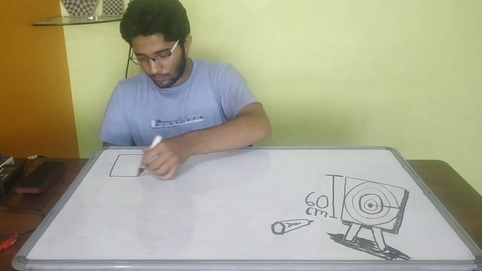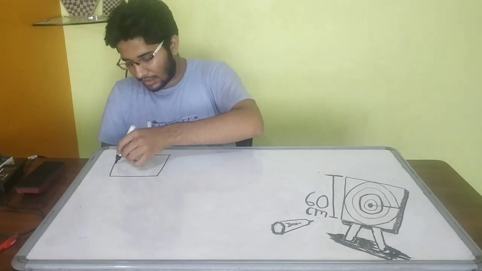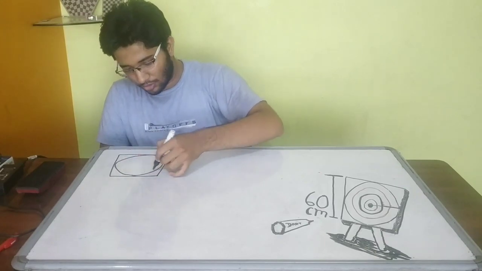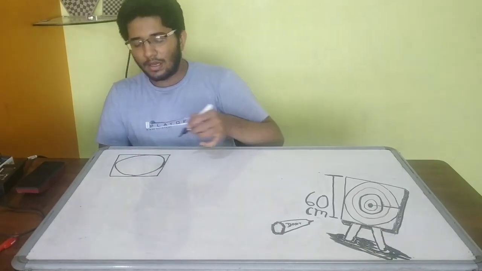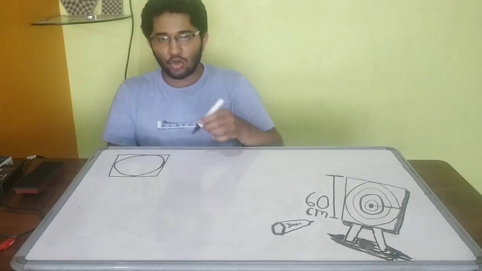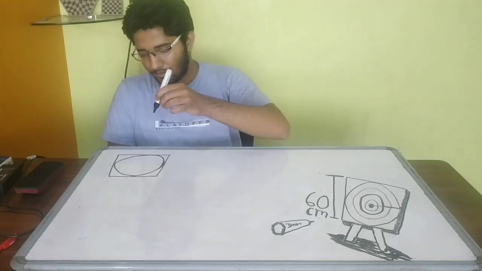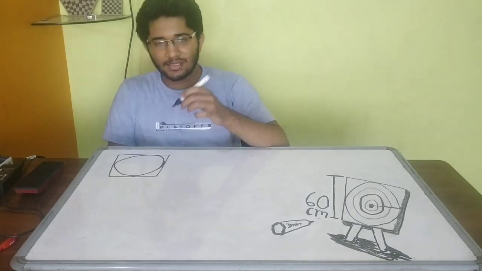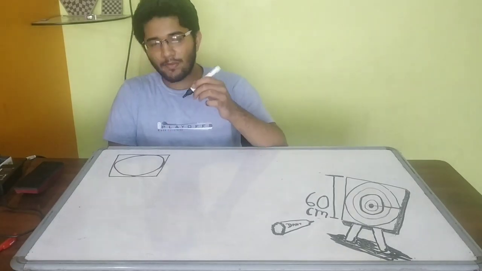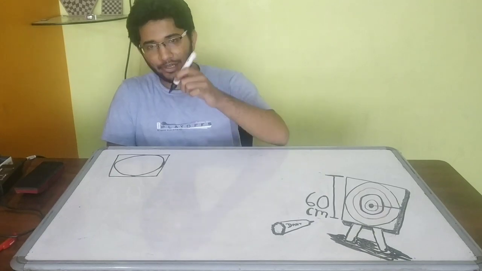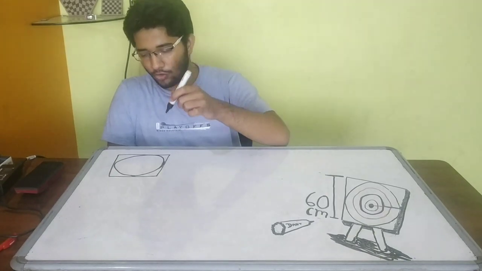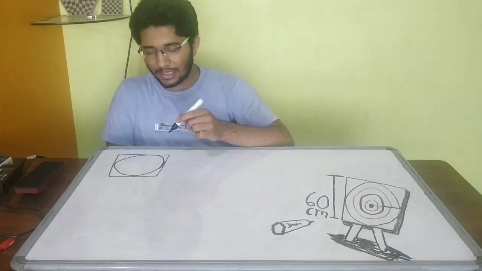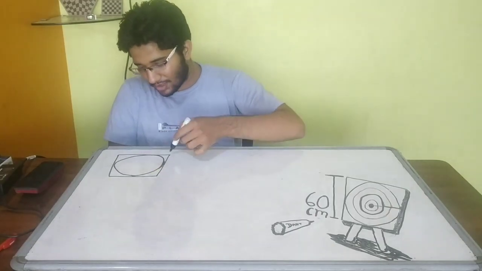This is the board. There is one circle which is touching the square from inside, from all sides, and we have to see the probability of hitting the dart or arrow in the circle, assuming that whenever we throw the dart, it will hit somewhere on the square.